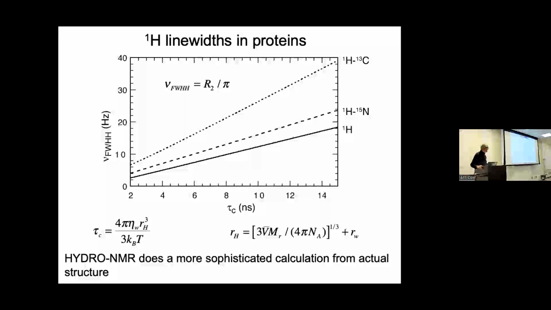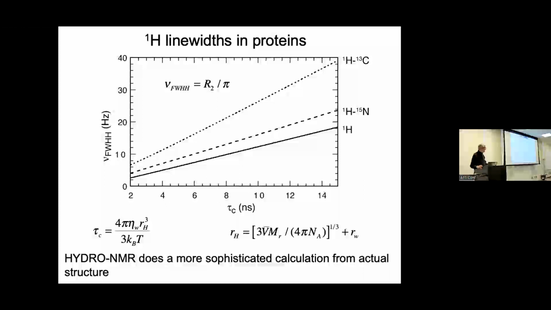So I've made some graphs here for different hydrogens: hydrogen by itself, hydrogen connected to a nitrogen 15, hydrogen connected to a carbon 13. The increase in each has to do with the dipole-dipole interaction between the hydrogen and the nitrogen, or the hydrogen and the carbon 13.